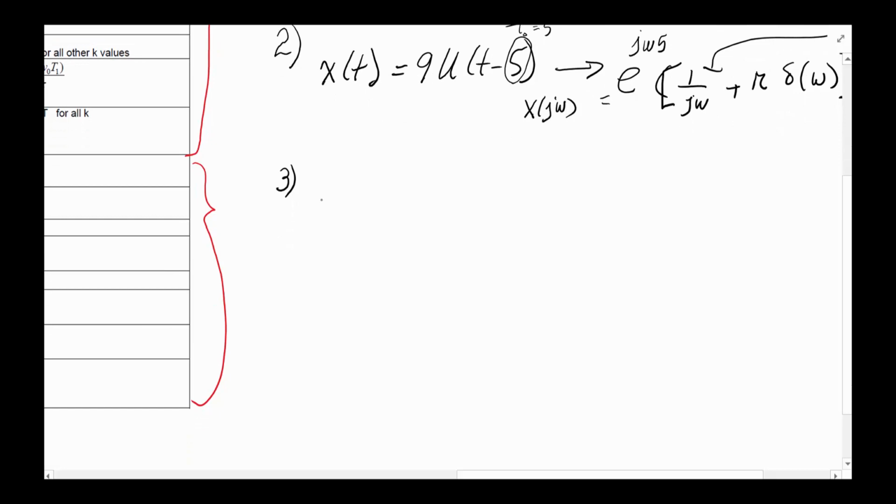Now let's say somebody gives you another x of t. This might be easier if I give it to you in graphs, but it could be given to you in equation form as well, not a big deal. Let's say they give you a graph that looks kind of like this.